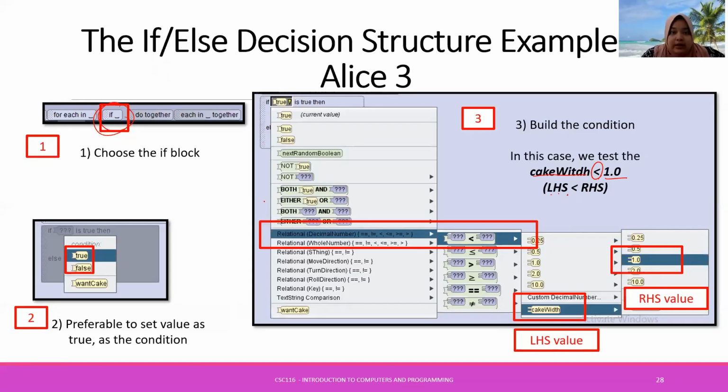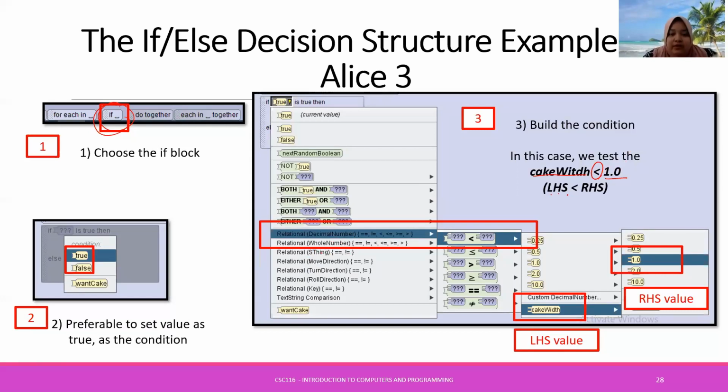Okay, kita kat sini if true, okay, kita kan pilih true first. If true, kita cari relational decimal number. Okay, kenapa decimal number? Sebab saya nak buat comparison dengan yang ada decimal point tu, floating point. So pilihlah kalau whole number, this is integer, this is the, if I'm not mistaken, okay kan?